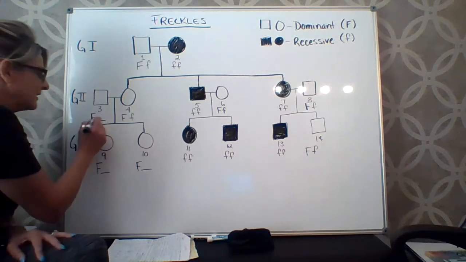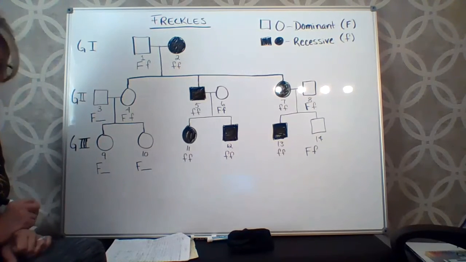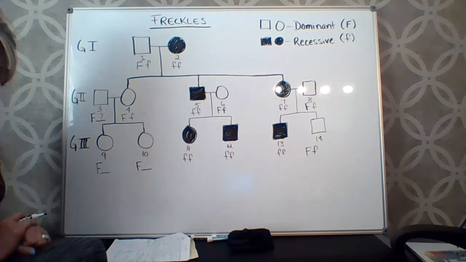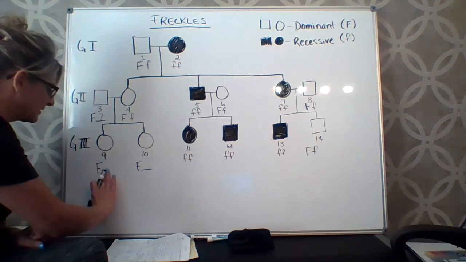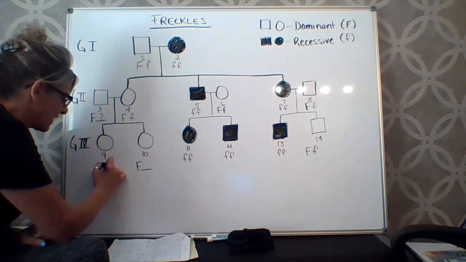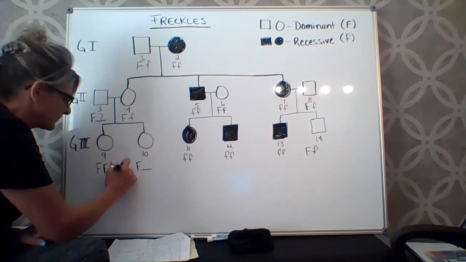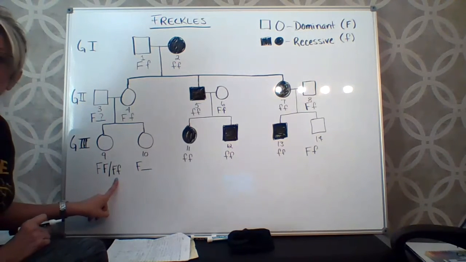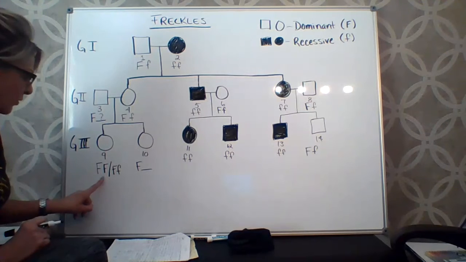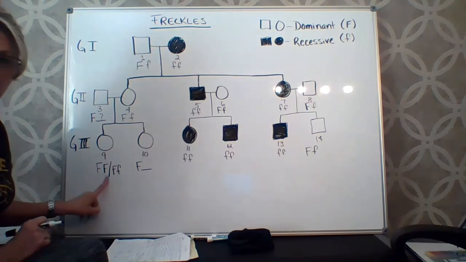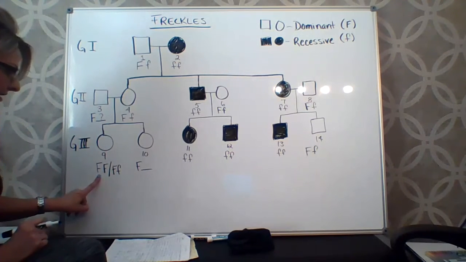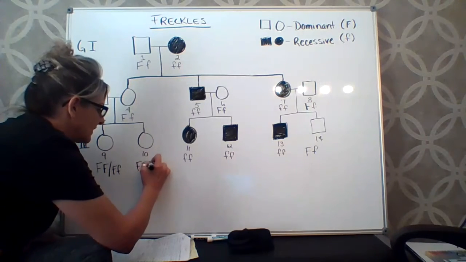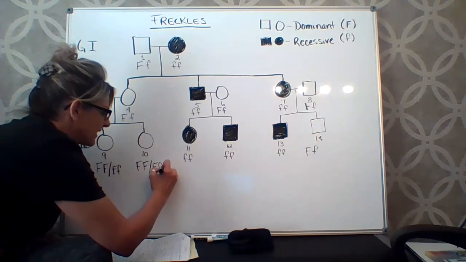So I can either leave it written as I have it, I could fill in this blank with a question mark, or sometimes you'll see this written as it could be this or this. It could be homozygous dominant, it could be heterozygous. I don't know for sure, but those are the 2 possibilities. I know for a fact it's got to have that dominant gene. I prefer to write it like this.